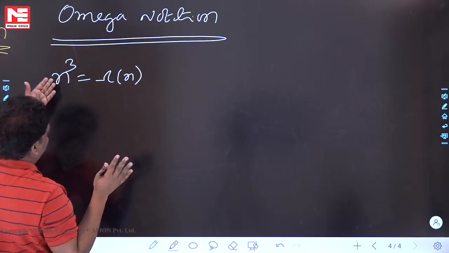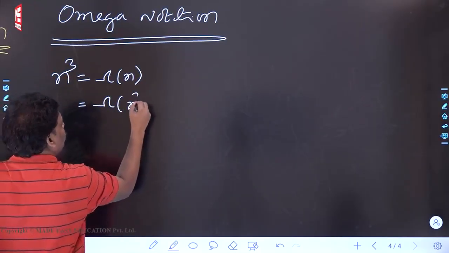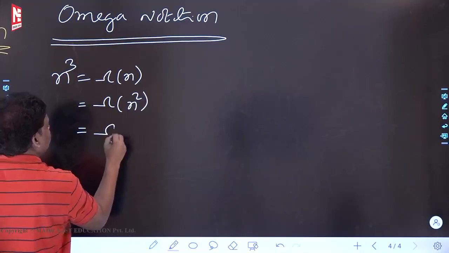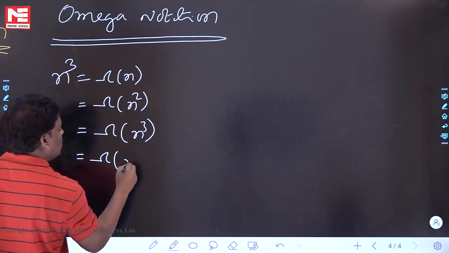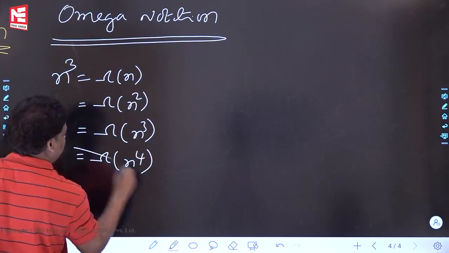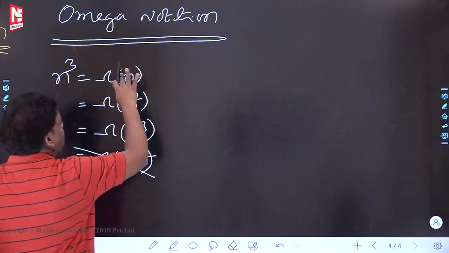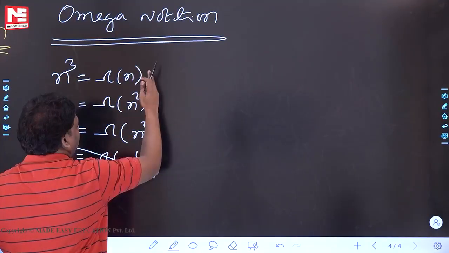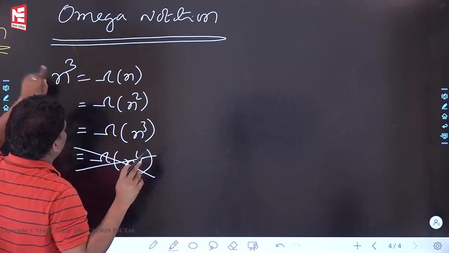Left will be greater or equal, that is fine. Next one, n cube is omega of n square. N cube is omega of n cube, that is also right. Next one, n cube is omega of n power 4, wrong. In the omega notation, right hand side will be smaller or equal, which is nothing but left will be greater or equal.